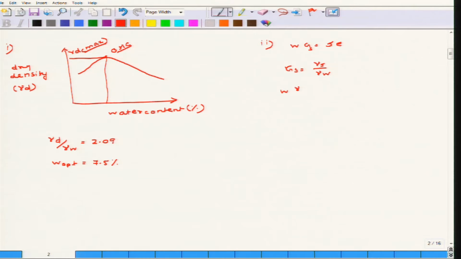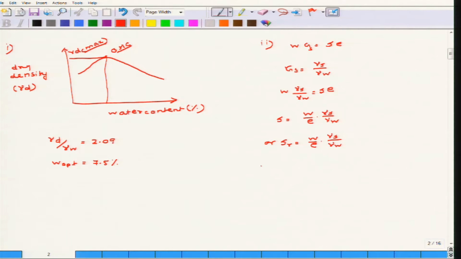So we can write W into gamma S by gamma W is equal to S into E. From here we know that S is equal to W by E into gamma S by gamma W, or SR equal to W by E into gamma S by gamma W.